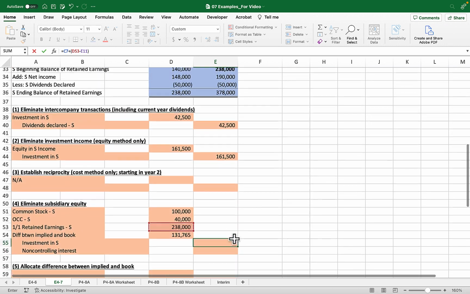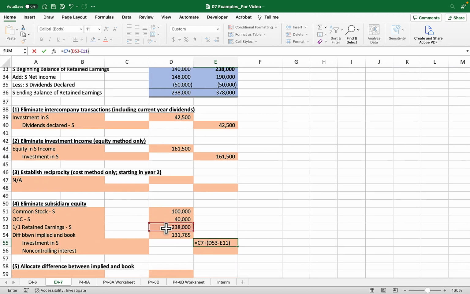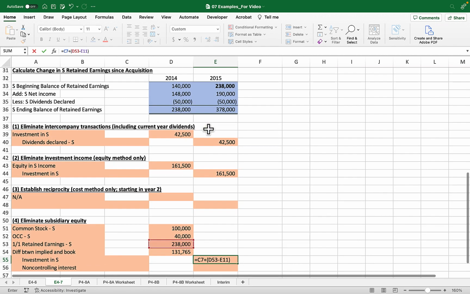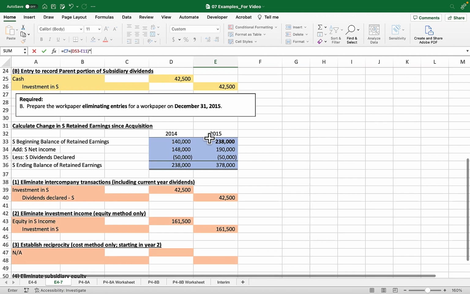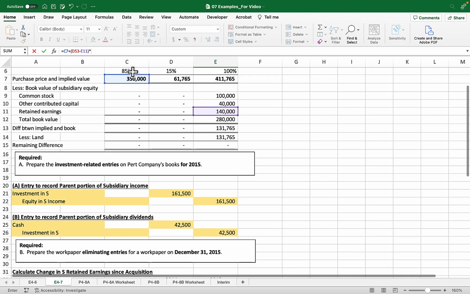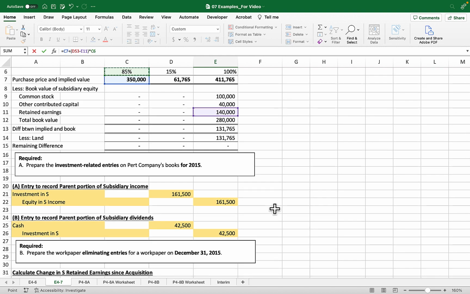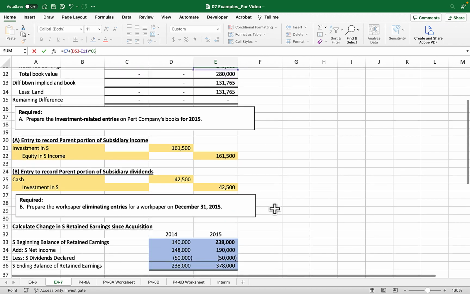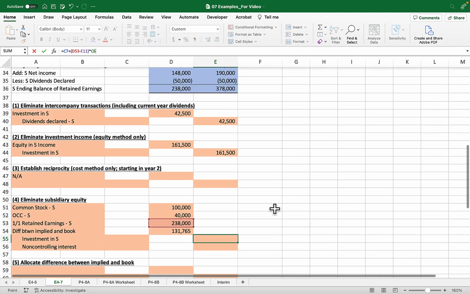Now, this difference here is always going to be between what we're eliminating now for this year and the date of acquisition. So right now, that's just 1 year. But if we are 10 years out, we're going to be looking at 10 years versus the date of acquisition. So this is a catch up all the way back to the date of acquisition, not just the most recent year. Then we're going to multiply this number by our ownership percentage, or the 85%. So we're taking 85% of that additional retained earnings and giving it to the parent share or investment in S.